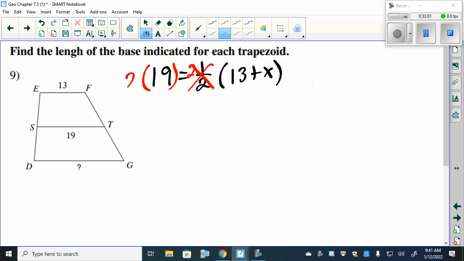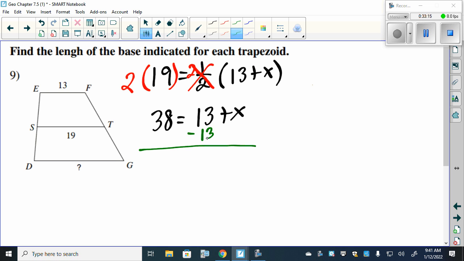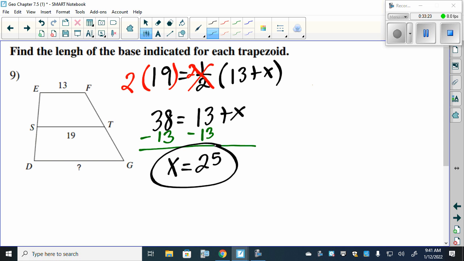Well, if I do it to one side, I have to do it to the other. So 38 is equal to, minus 13 from both sides. X is equal to. And we get the same thing.